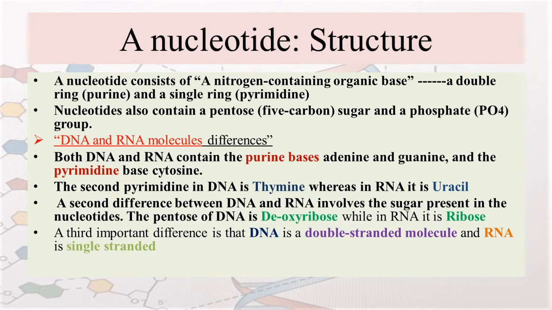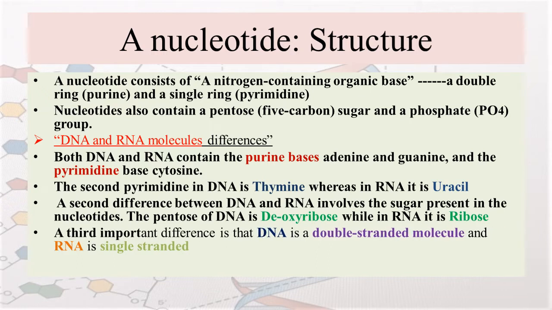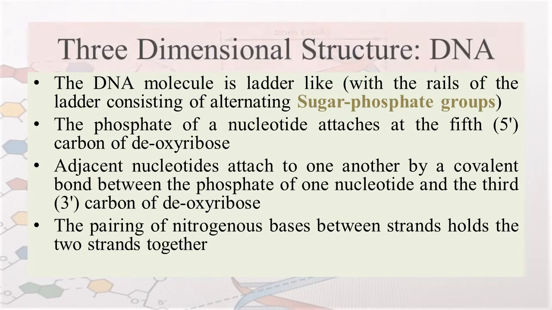The second difference between DNA and RNA involves the sugar. In DNA there is deoxyribose sugar, whereas in RNA it is ribose sugar. Third important difference is that DNA is a double-stranded molecule, whereas RNA is a single-stranded molecule.